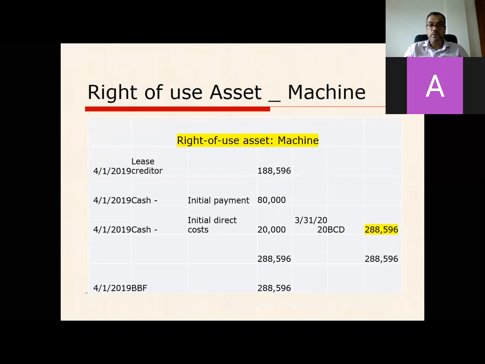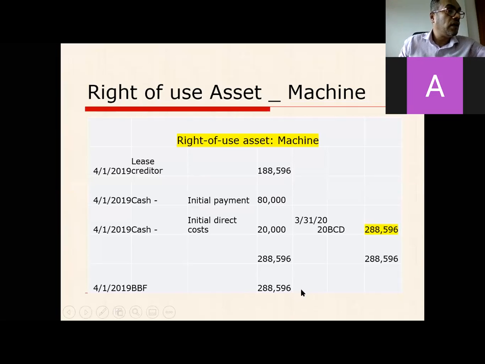Cost comprises the lease liability plus any down payments, and any other initial direct costs. Here there are 3 items. The summation of these 3 items comes to 288,000. So that would be the carried down. This is the amount which is recognized in the accounts initially.